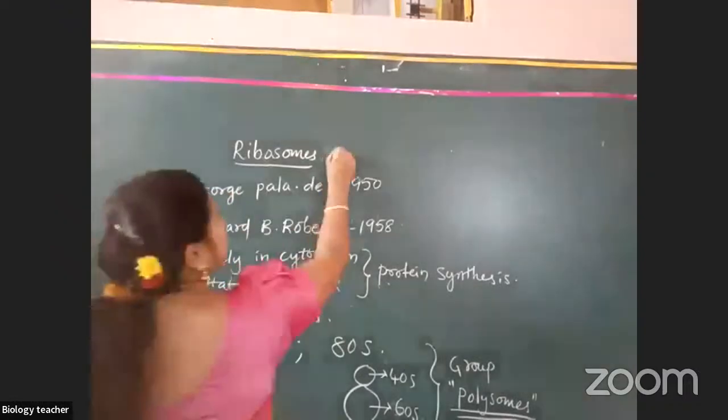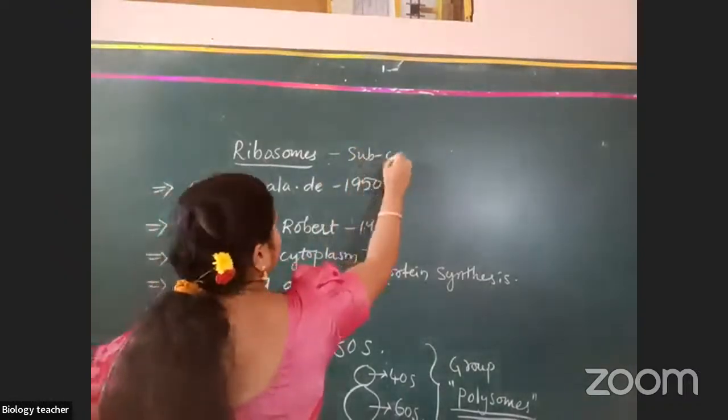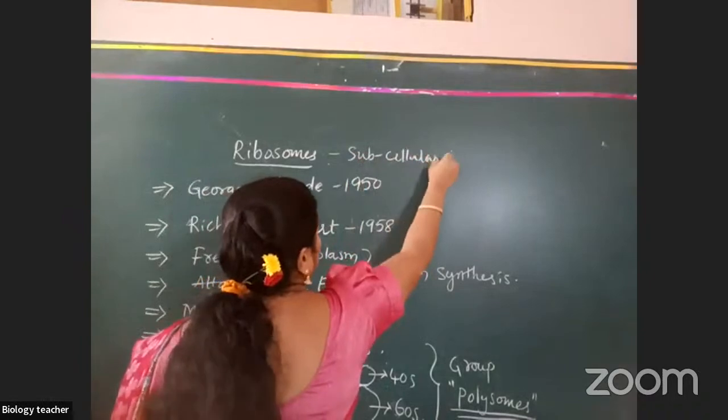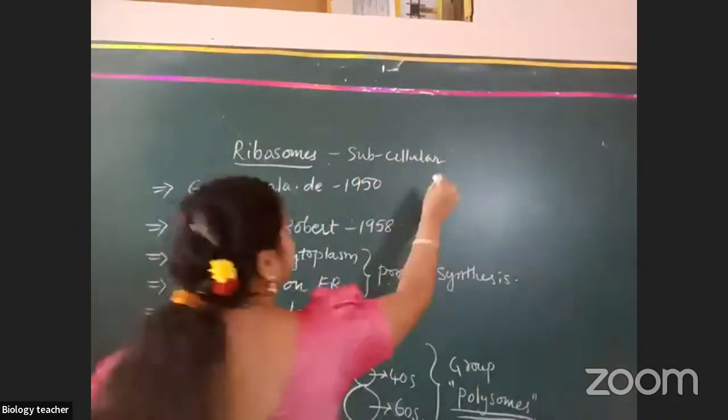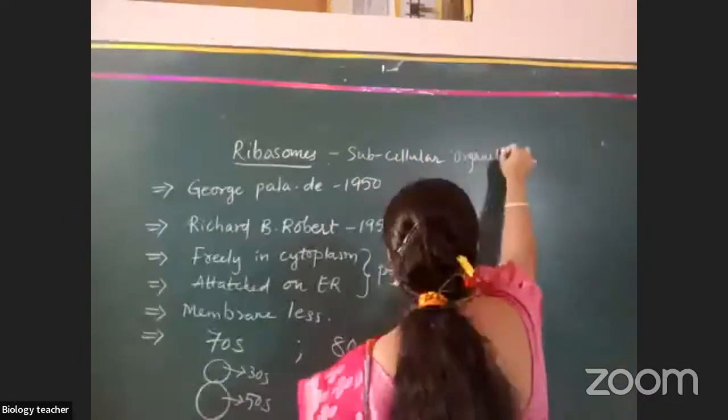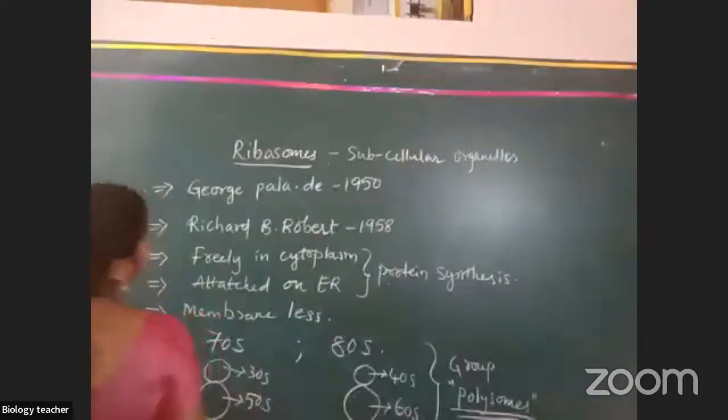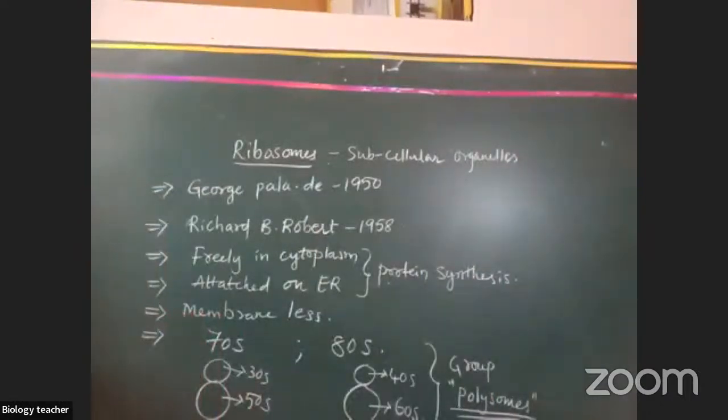Ribosomes are known as subcellular organelles.